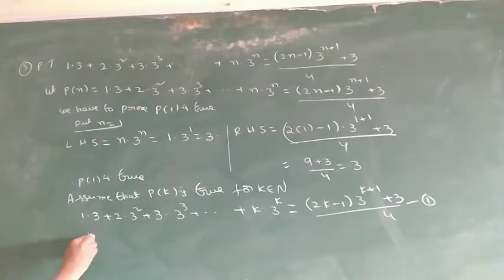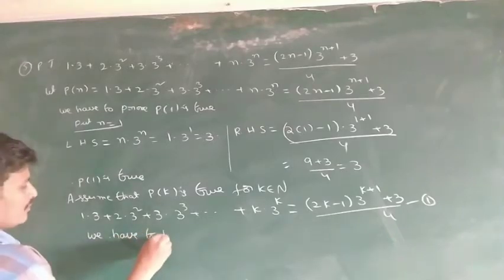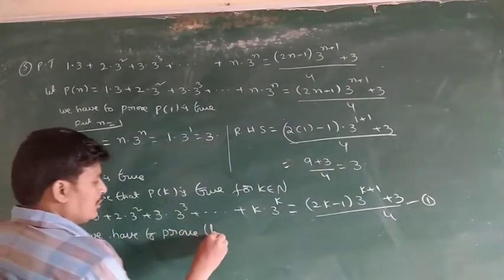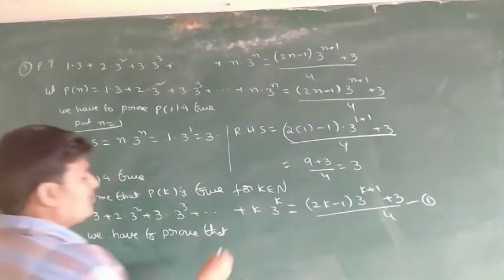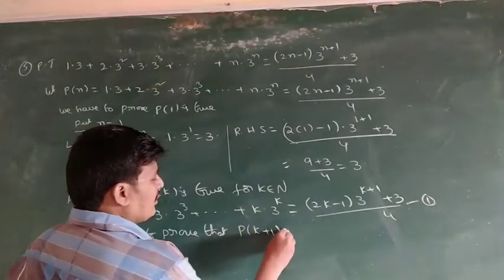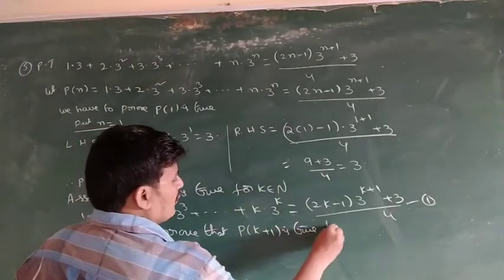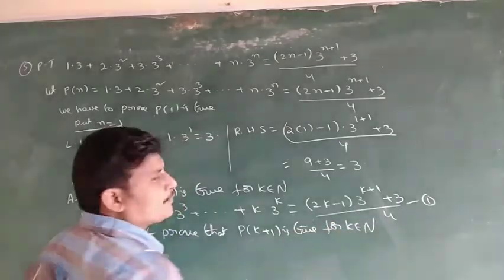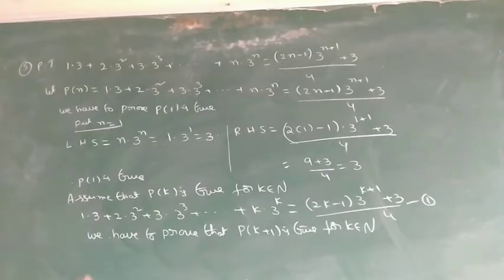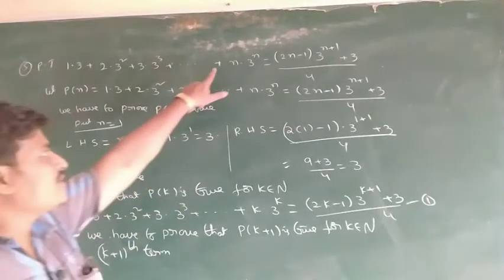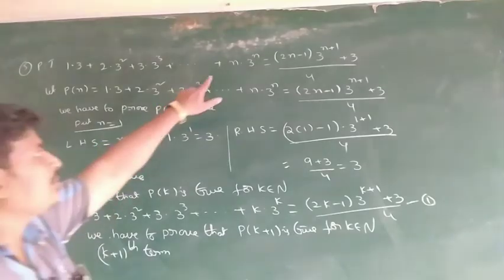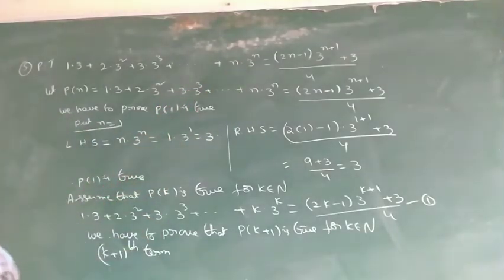Next, we have to prove that P(k) is true, already taken. So what do we have to prove? We have to prove P(k plus 1) is true for k belongs to N, natural numbers. So next, the k plus 1th term. In the given problem, this is the nth term, the last term in the LHS.